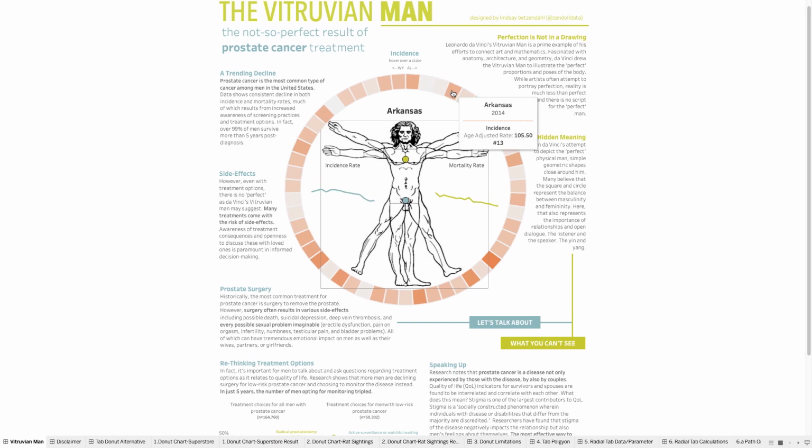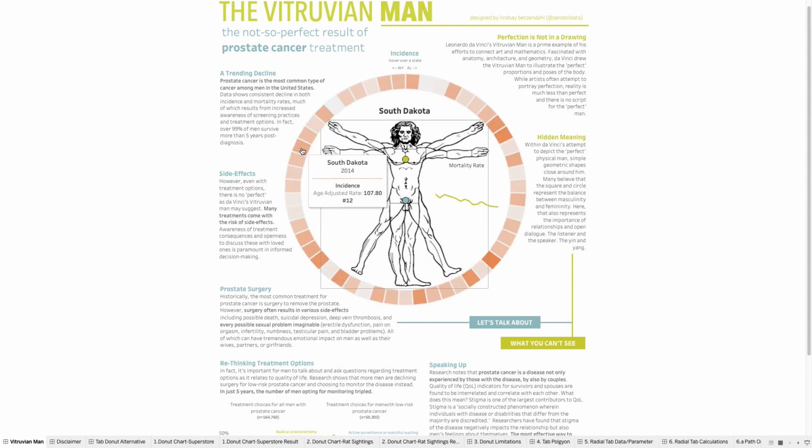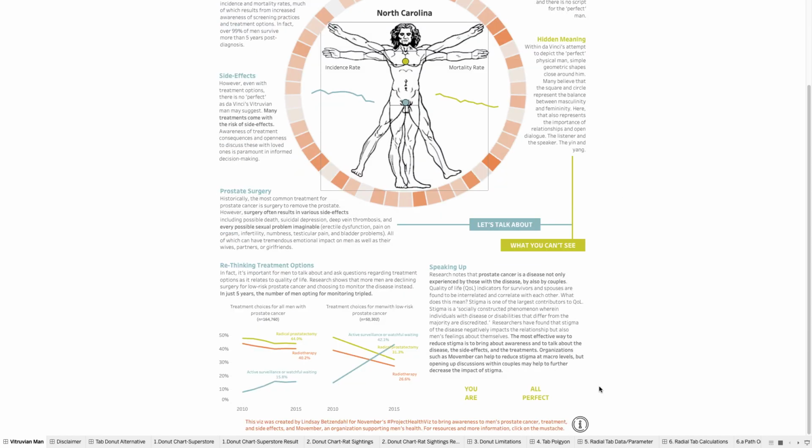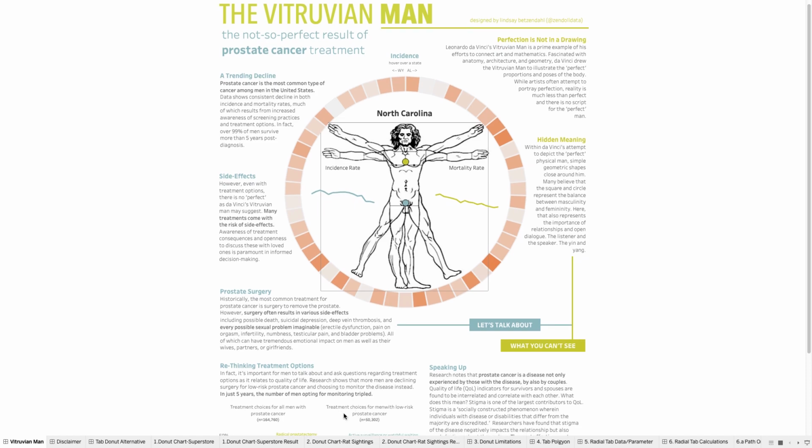If I select any of these, you can see that they are little polygons. And the whole viz really met the need that I was looking for to get this effect.